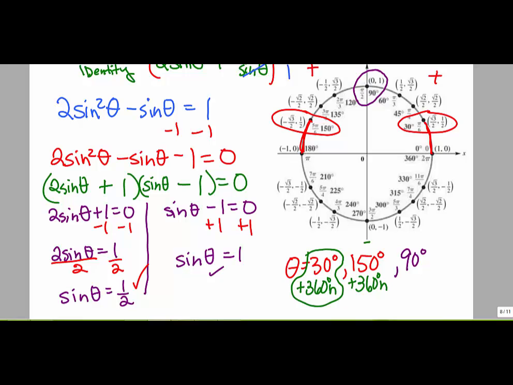So we're going to add multiples of 360. So here's how we would give all possible solutions. The 3 angles on the unit circle plus multiples of 360 to each one to find all possible coterminal solutions to those angles as well.